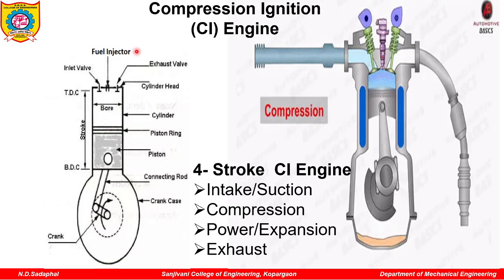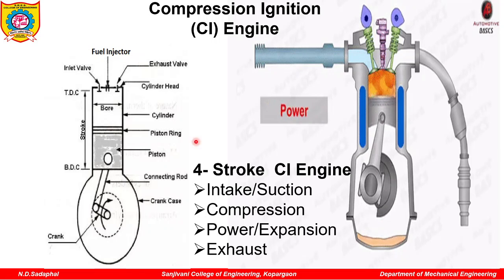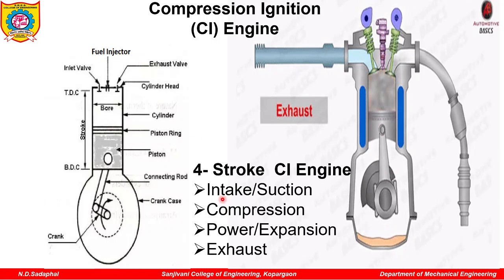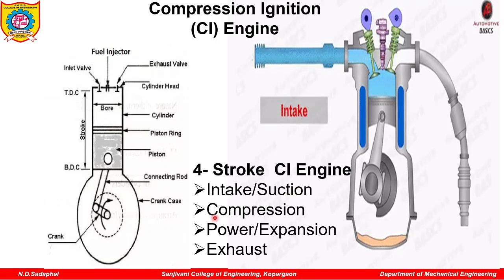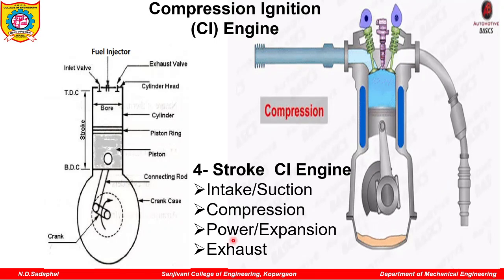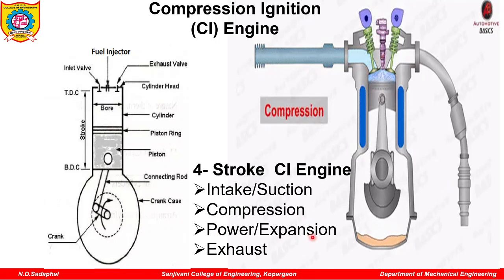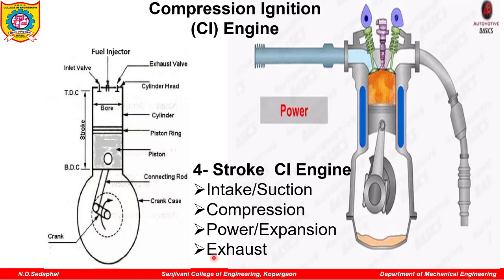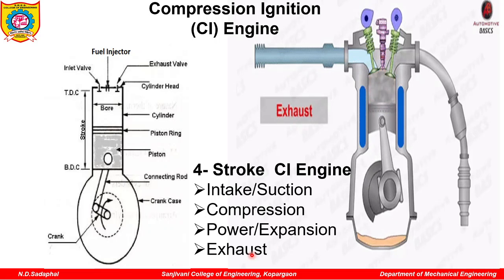This is the only difference between the CI engine and SI engine. The stroke names are also the same. The first stroke is the intake or suction stroke, second is compression, third is the power stroke, or expansion stroke, or combustion stroke, and last is the exhaust stroke.